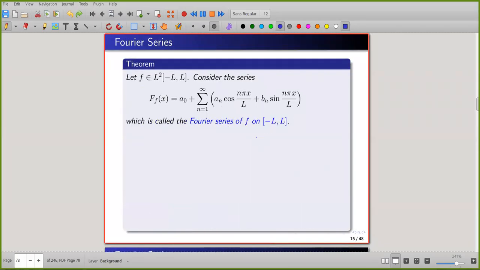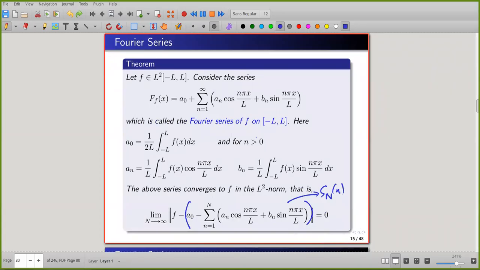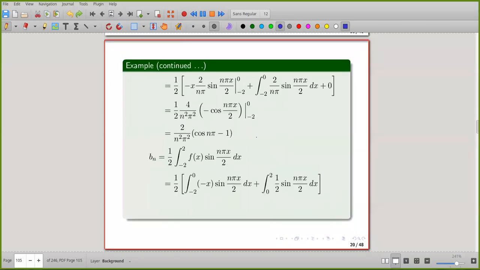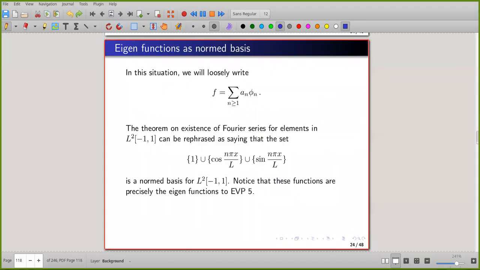This theorem is telling us, in this language, that the set 1 union cos n pi x, sin n pi x, with n greater than equal to 1, all these functions, is a norm basis for L2 minus 1 comma 1.